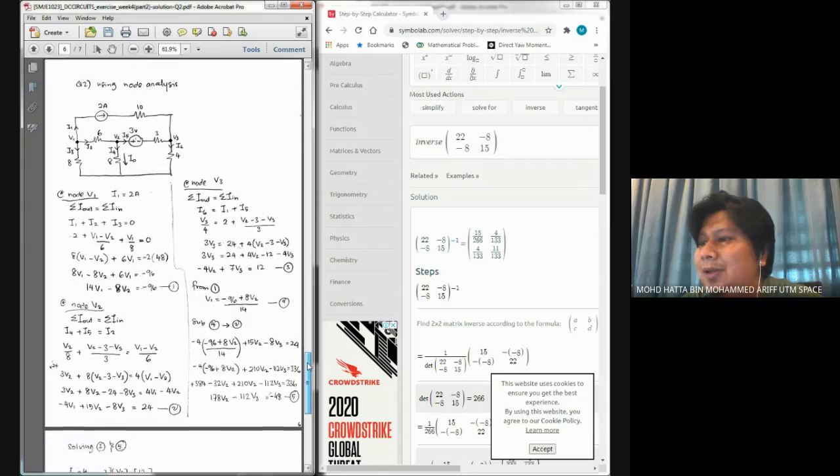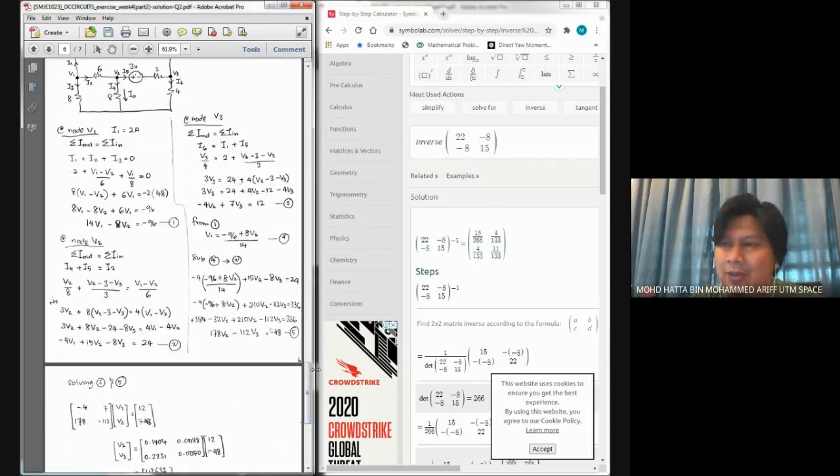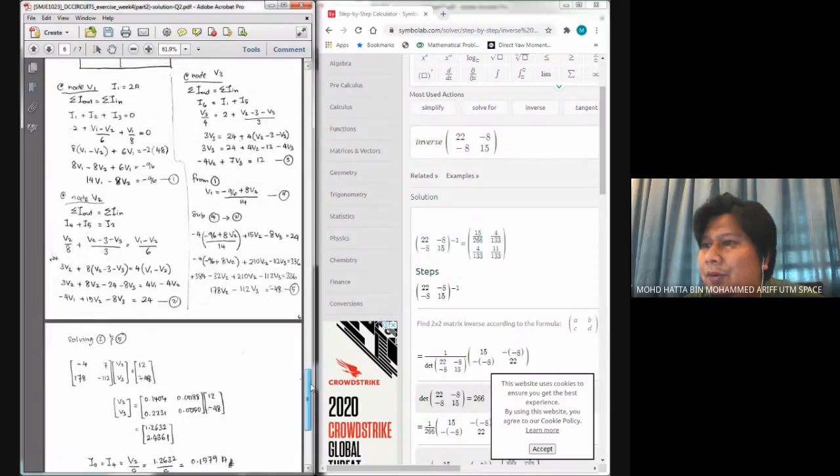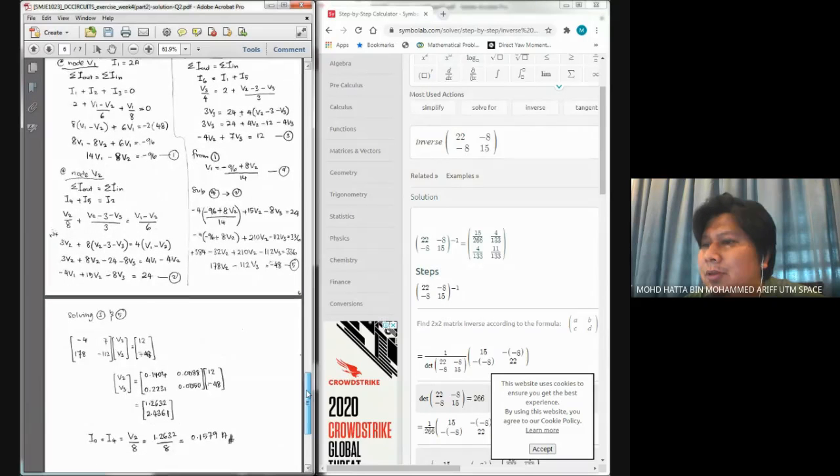This is my solution of node analysis to find IO. Okay, I think you should spend some time looking at the solution and think about how I get that and how it should be calculated.